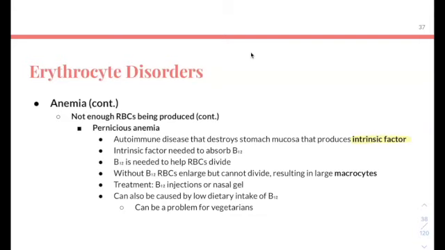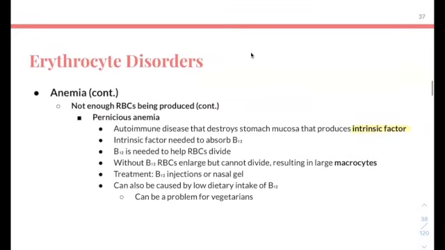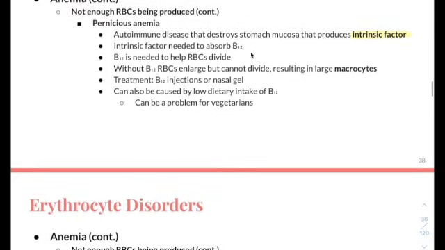It's not as big of a problem for vegetarians nowadays as it was before, because they like to infuse foods with things. They've tended to infuse a lot of different types of things that vegetarians eat with B12 just to try to get enough B12 into their systems too, since it usually comes from proteins and meats.